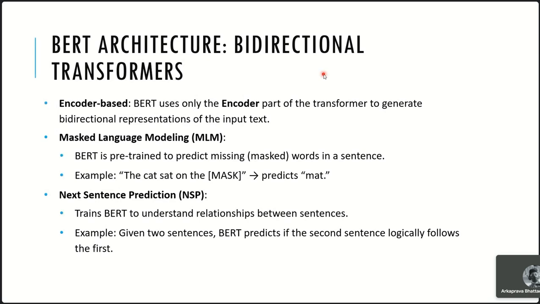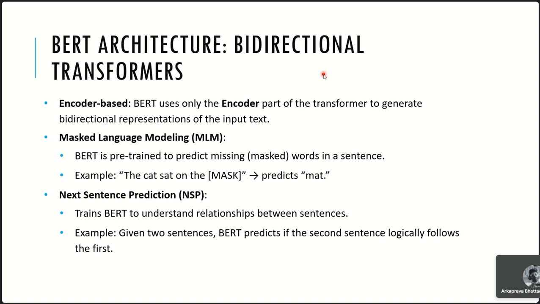In BERT, there are only 2 operations. I mean, BERT can only do two operations. One is called masked language modeling, and the other one is called next sentence prediction.